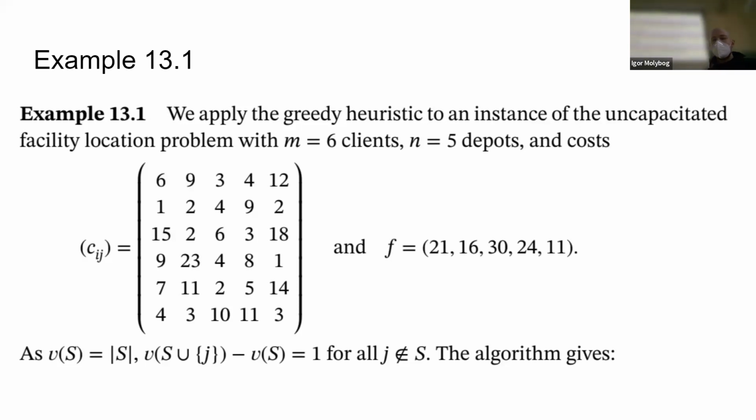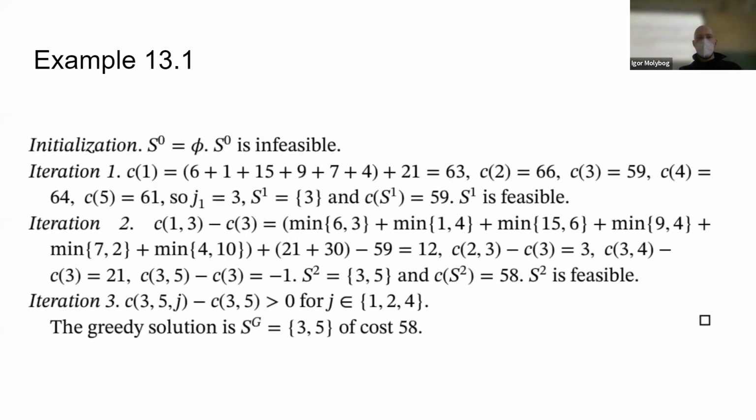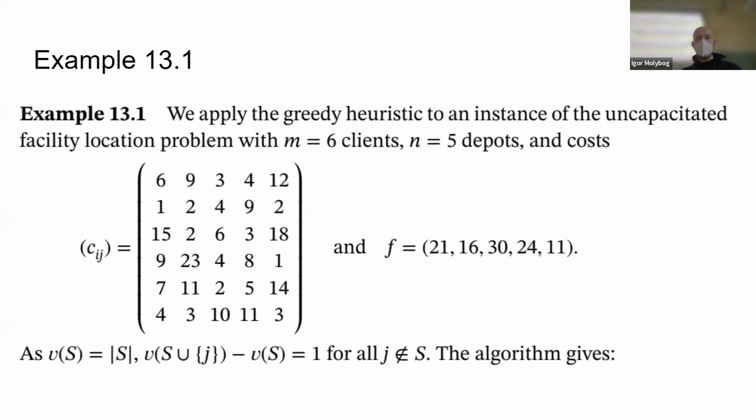Therefore, S is going to be a set of j's such that xj is equal to 1, or in other words, S is the bag of depots that we have to open in our scenario. So we are essentially minimizing the function v, which takes care of the number of depots that we have opened.